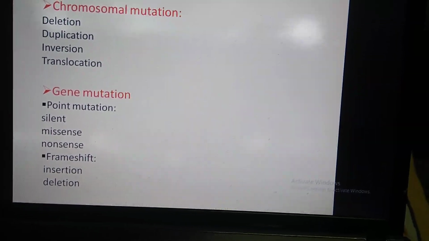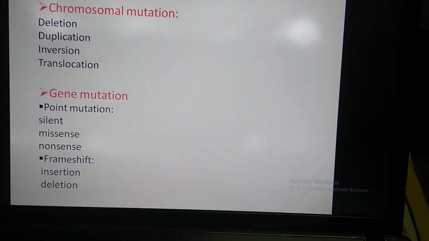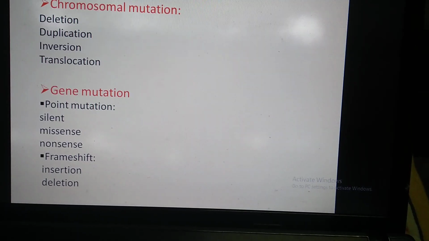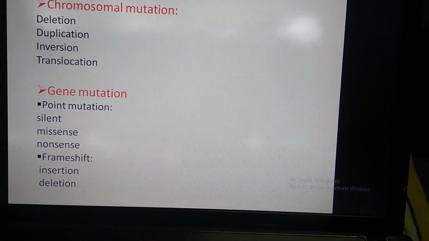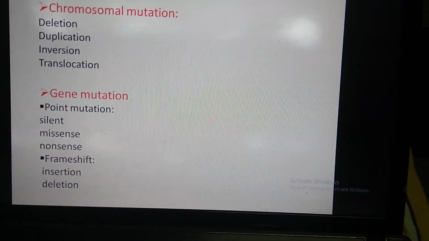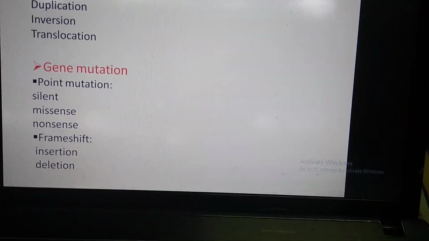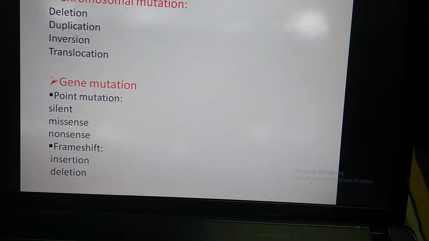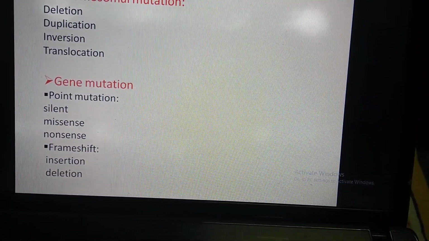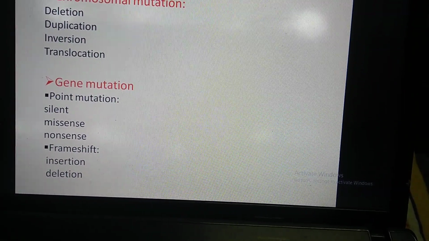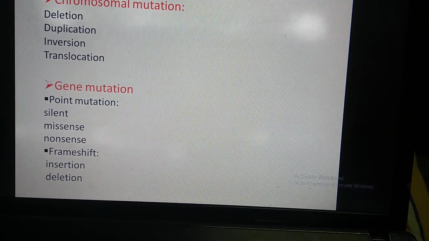So the mutation is occurring, but there is no change in the amino acid sequence or the function of the gene product. So we cannot sense it, so it is silent. Another is missense. Suppose a codon codes for lysine, that is a basic amino acid.